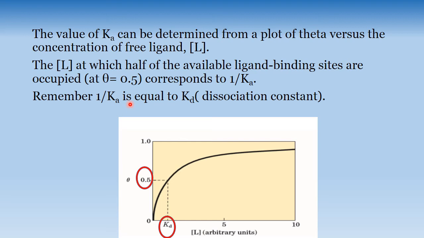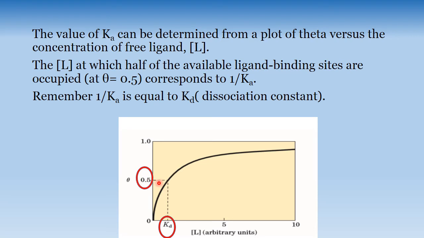If we consider that 50 of the binding sites have been occupied out of 100, then the value of theta will be 0.5, and that corresponds to 1 by Ka. So this is the theta value equal to 0.5, and this is the Kd value.